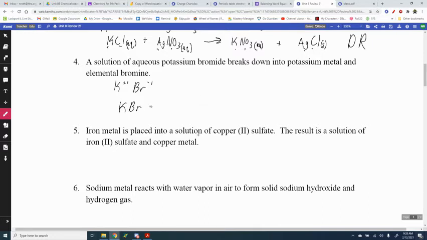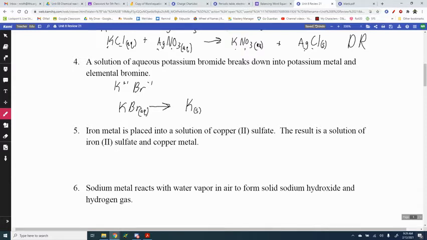That breaks down, so that means that's an arrow, into potassium metal. So potassium is just K. Oh, and I forgot to do states of matter. So this is aqueous because it says aqueous there. Potassium metal is going to be a solid. All solids are metals except for one, and that is mercury, which this isn't mercury, so it's solid.